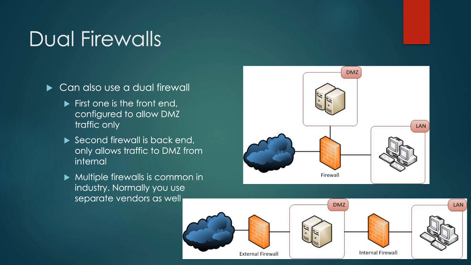A lot of times in industry, what you'll actually see is the different firewalls will be from different vendors. So if they have a vulnerability, we don't just have the same one. If you think of a firewall as a literal brick wall, it doesn't have the same brick missing for all of the firewalls that you are using.